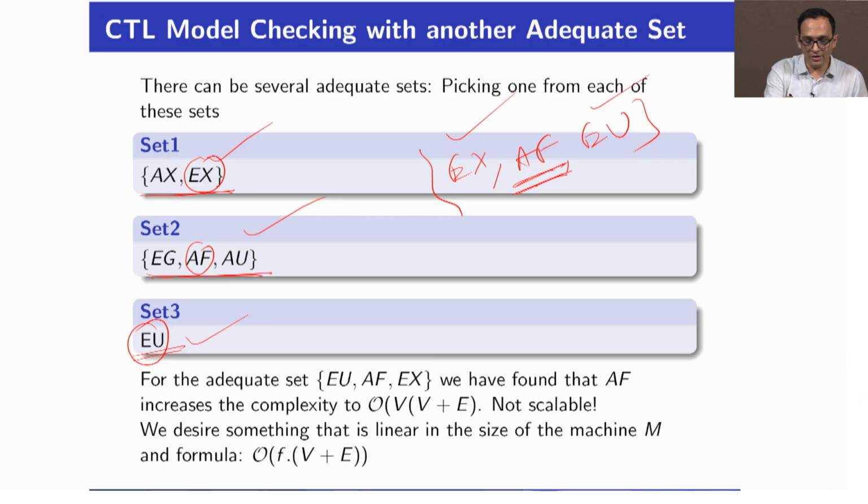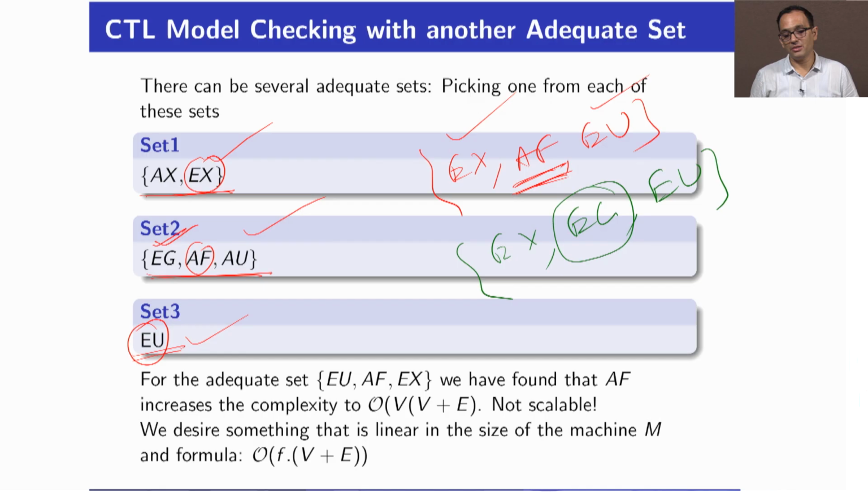So, instead of AF, if I pick EG now, then I will get the set EX, EG and EU. This is also an adequate set, but we will now develop an algorithm for EG, and we can show that EG can be calculated in V plus E, and then my complexity will become |φ| times (V plus E).